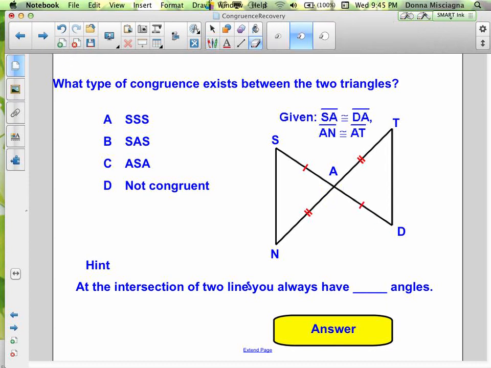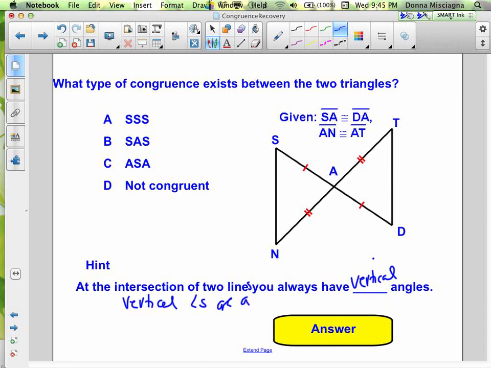But 2 of these angles that happen to be in our triangle are special angles. We have vertical angles. Anytime you have intersecting lines, you have vertical angles, and we know that vertical angles are always congruent. Which means this angle is congruent to this angle.